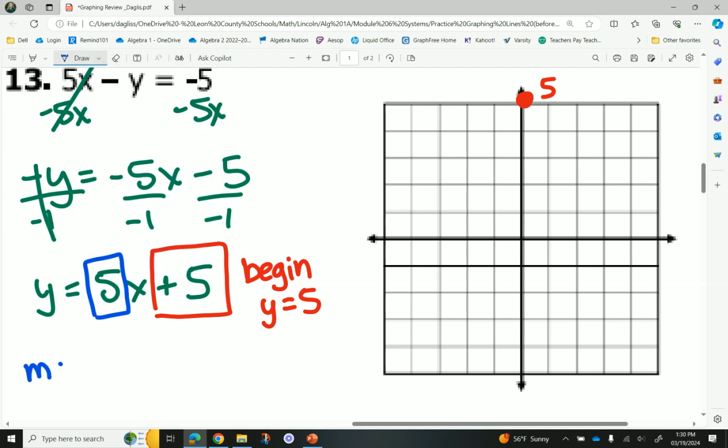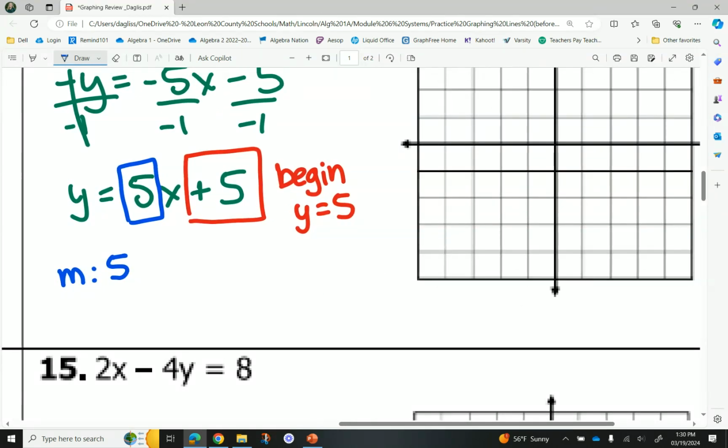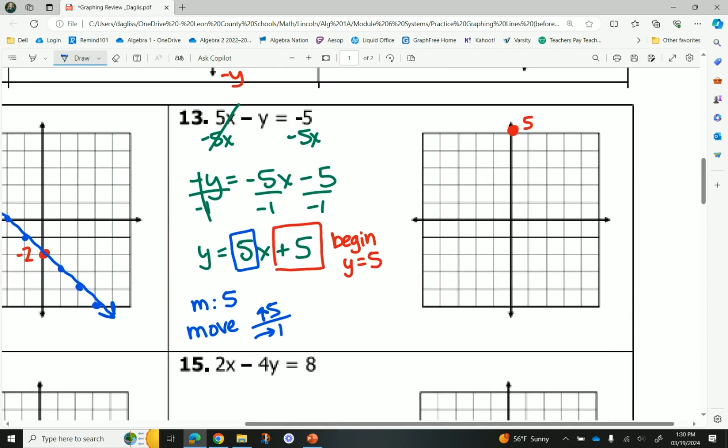So my m. Okay, do y'all understand why Leland is confused? Because when it comes to moving, no, he's fine. It's up 5 and over 1, but look at where my point is. It's already at the very top. So can I go up?